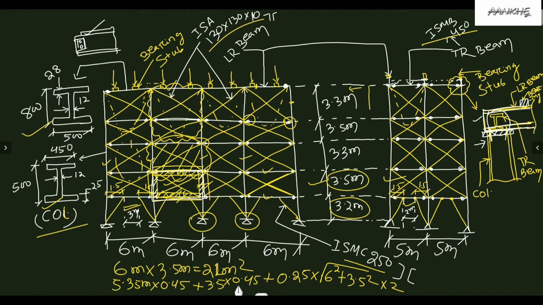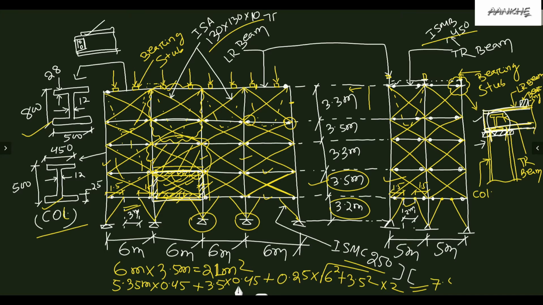There are two numbers here, so this comes approximately how much? 7.50 square meter. Okay, so this 7.5 is what fraction of 21? This is approximately 36%. Okay, 36%. If we move to this portion where the hopper is there, a very less open area is left.